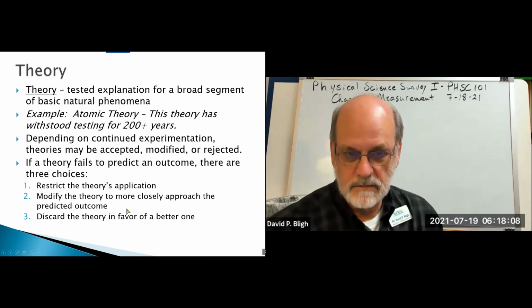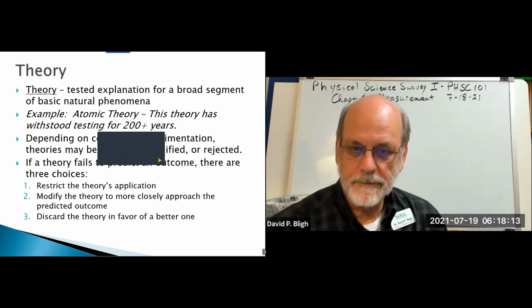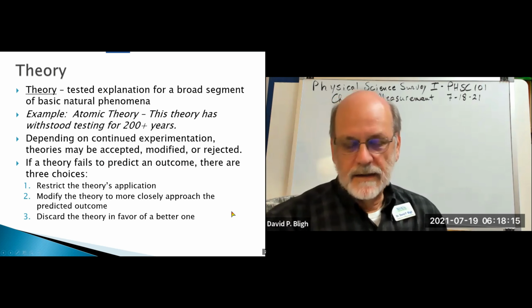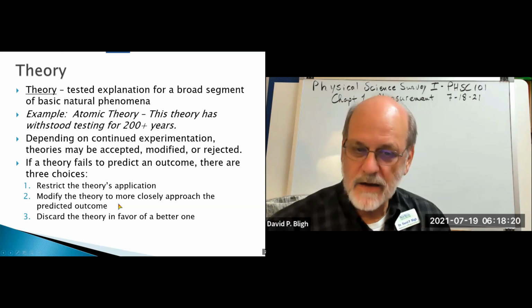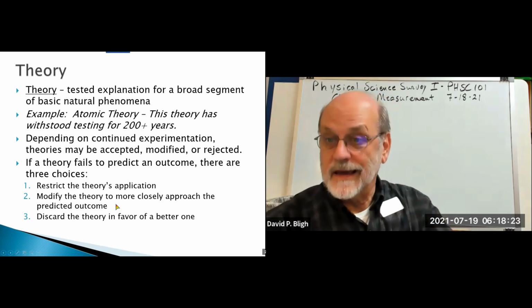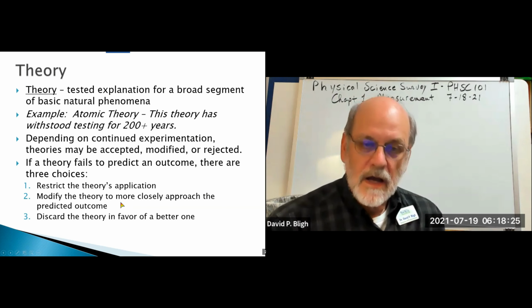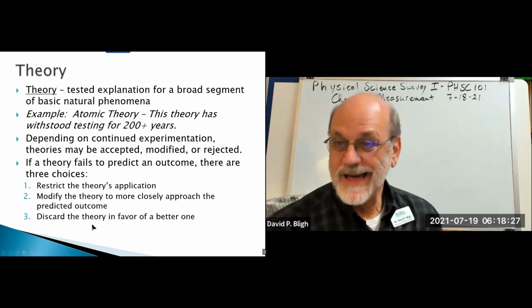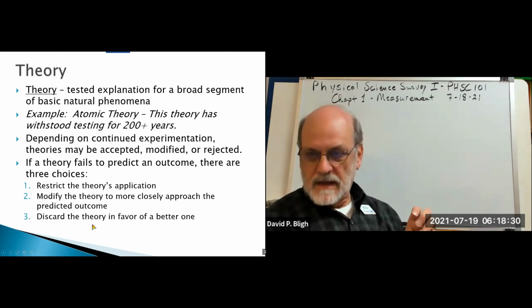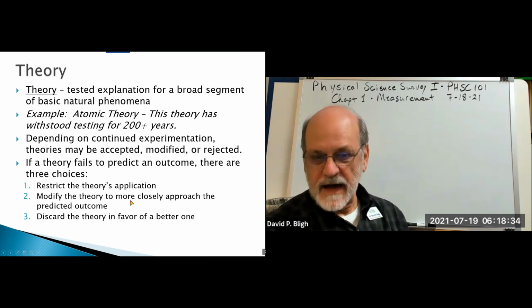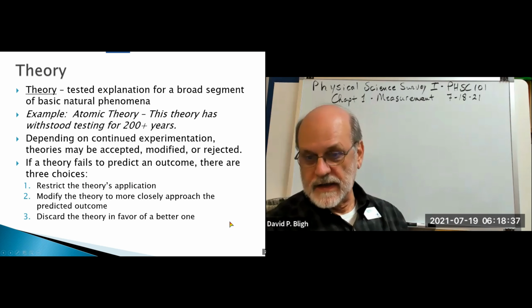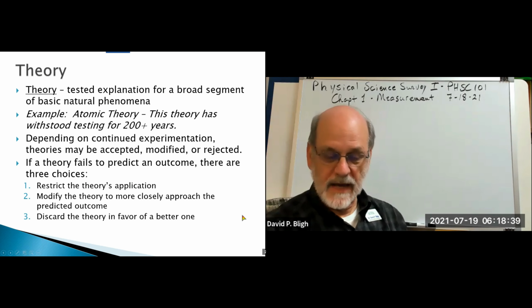Now, that's what's known as an invalid modification of a theory. But you could modify your theory so it more closely approaches the predicted outcome and then test it again. Last option, throw it out. It cannot be restricted in its use, cannot be modified. Throw it out, start over again. And that happens sometimes also. So those are your three choices.